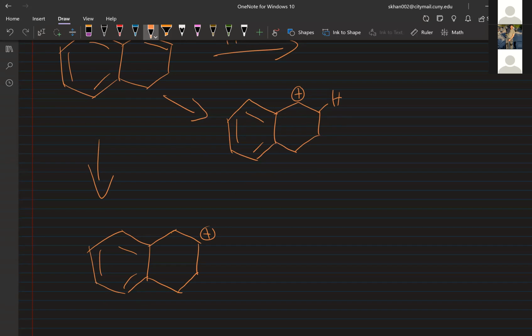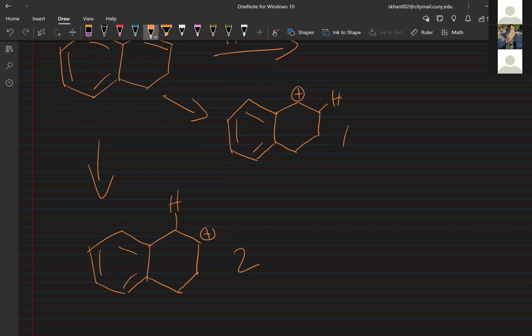Now you can directly compare these two, 1 and 2, and see which one is more stable. One. Why is it 1? Because of resonance. It's a secondary carbocation resonance stabilized with this aromatic ring, so it can delocalize in the ring. It's a very stabilized carbocation.